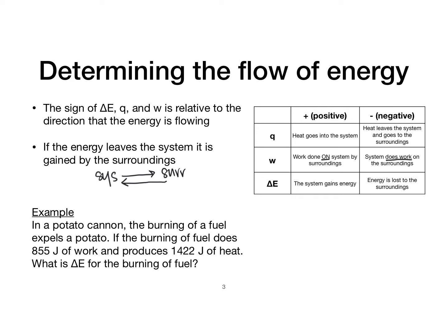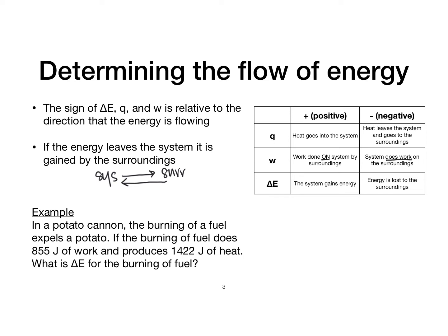You can think about this kind of like a gas tank. When work is done by the car, the gas is leaving, and work goes into the car when gas is added back. So it's really important to read carefully and think about this table as we look at this.